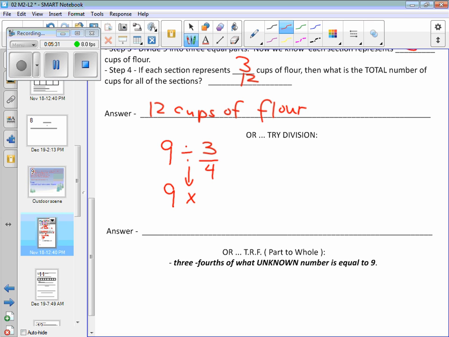And guess what I'm going to do to 3/4? Keep, change, flip. What am I going to do to that last fraction? I'm going to flip it upside down, so 3/4 becomes 4/3.